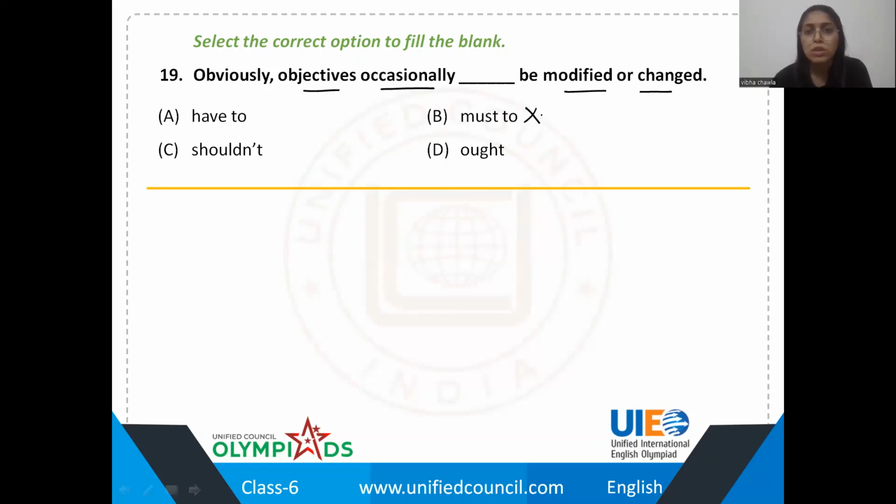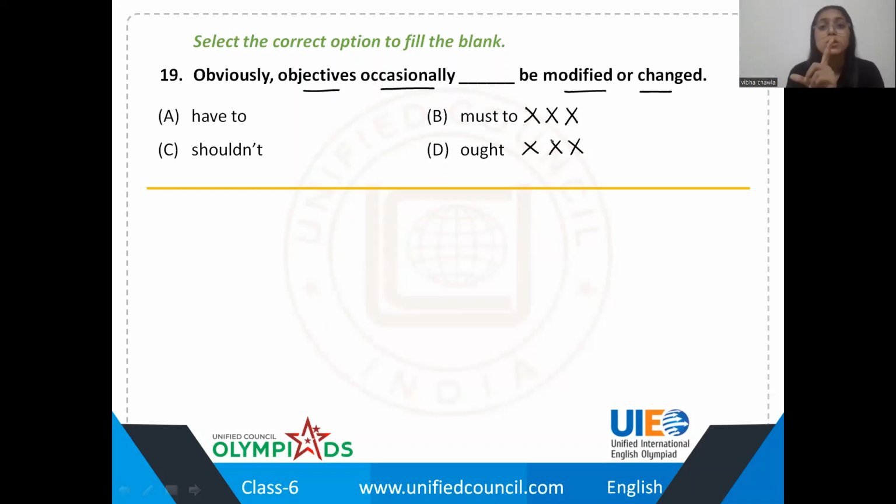Must to is not a correct modal verb. After must, we don't use to. After ought, we use to. Must is used to show necessity. Ought is used to show obligation. Whenever you have some moral duty or some responsibility, go with ought to.